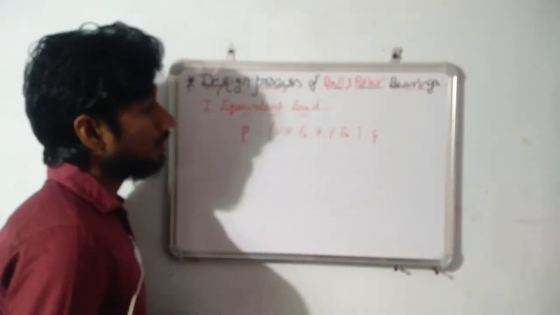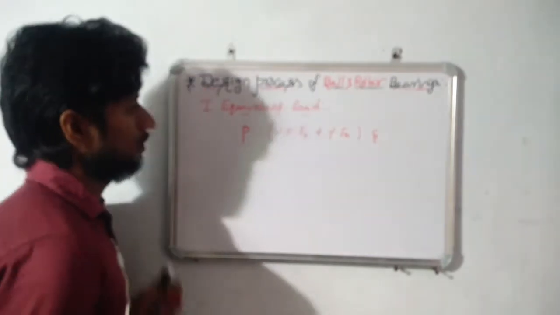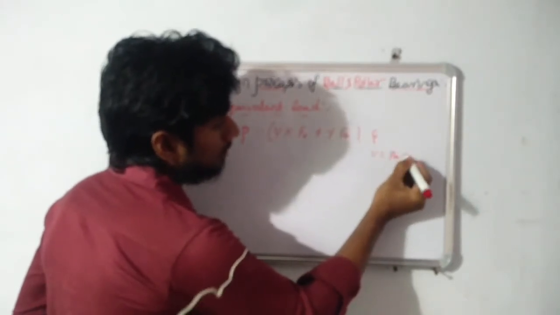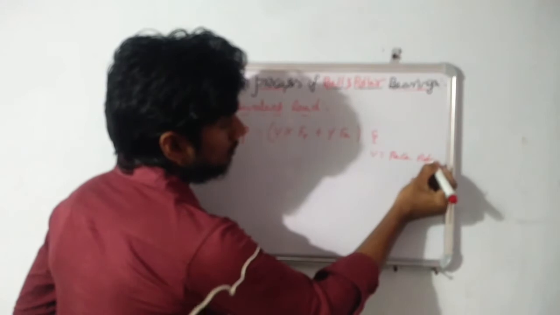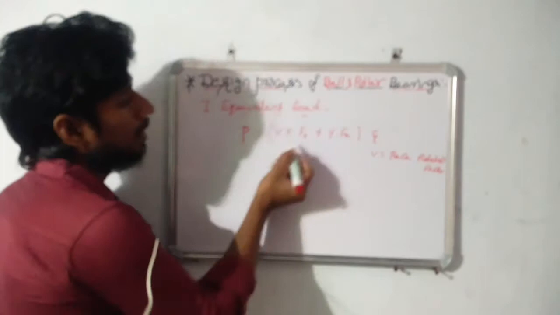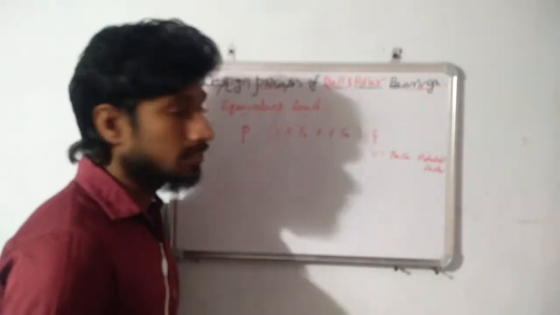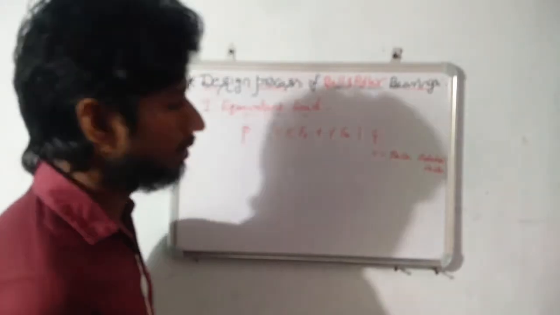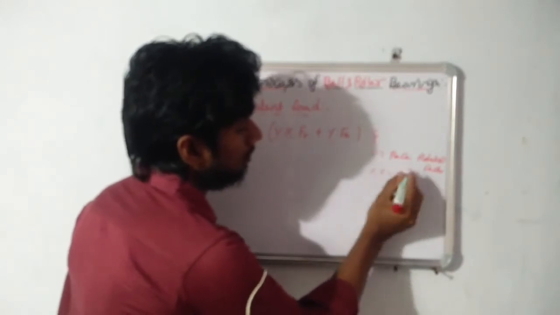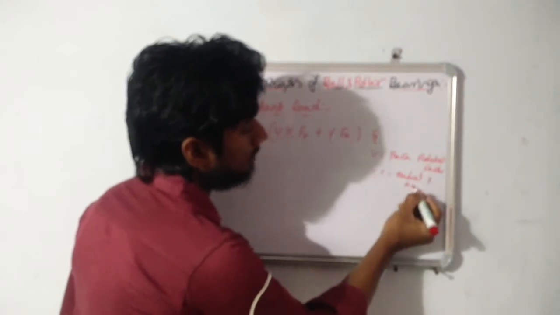Let's see what terms are involved here and how we consider their values. The first one is V, the race rotation factor. X and Y are the radial and axial load factors.